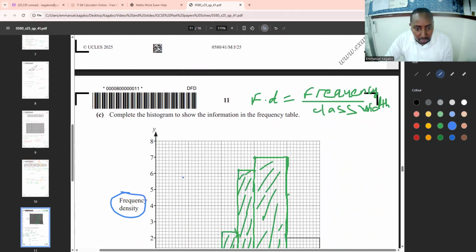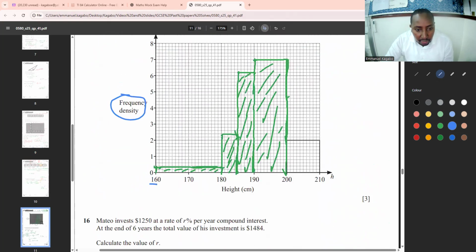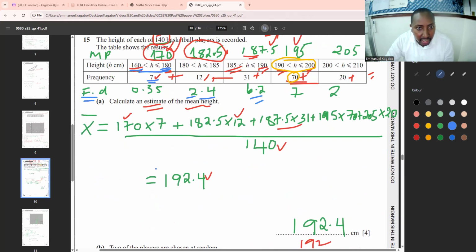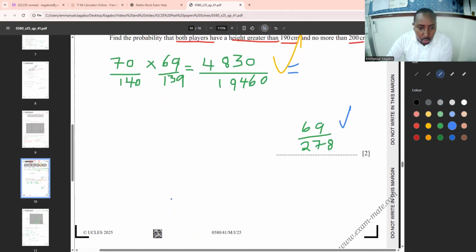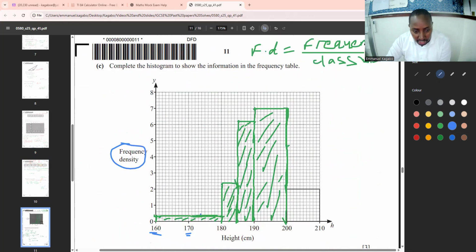Fast forward. Now, the first class is 160 to 170, and if you check, the frequency density is 0.35, okay? Very good. That's why I came and did it here and I shared it.